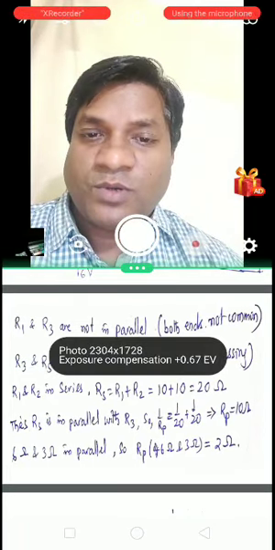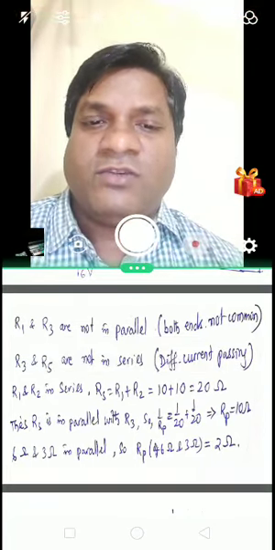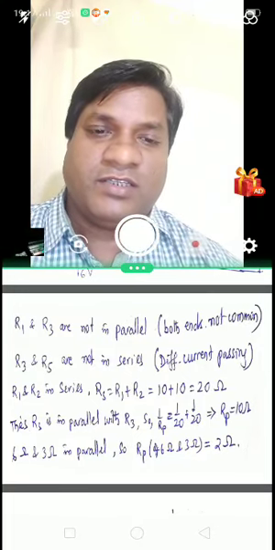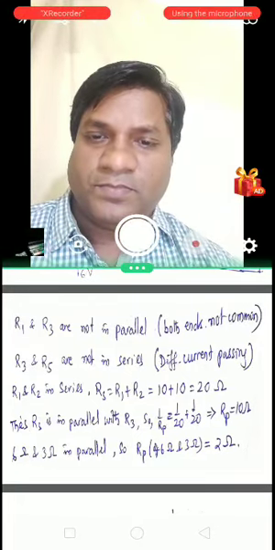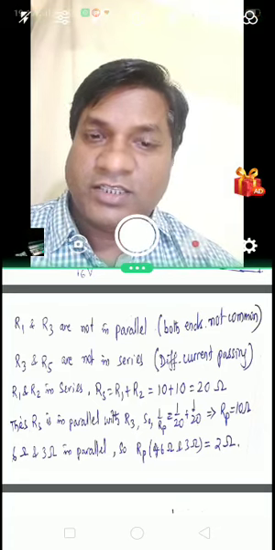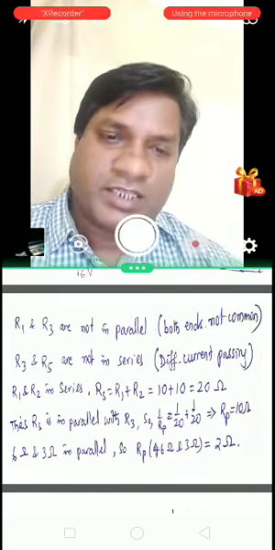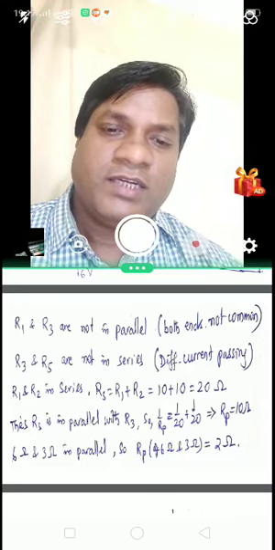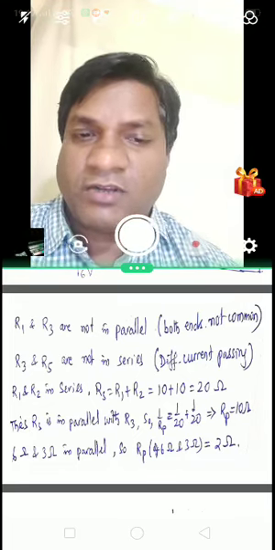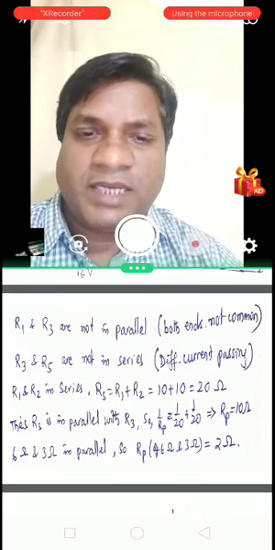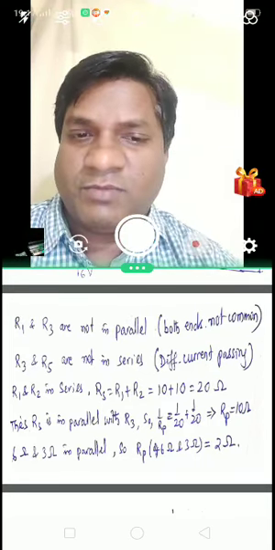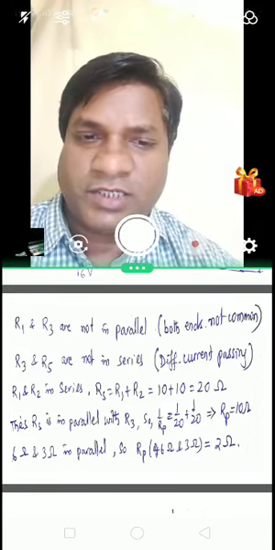R1 and R2 are in series, and the equivalent resistance of the series combination is 20 ohm. Now this series combination of R1 and R2 is connected in parallel with R3. So for the equivalent resistance of the parallel combination, 1 by Rp is equal to 1 by 20 plus 1 by 20, that is 2 by 20.